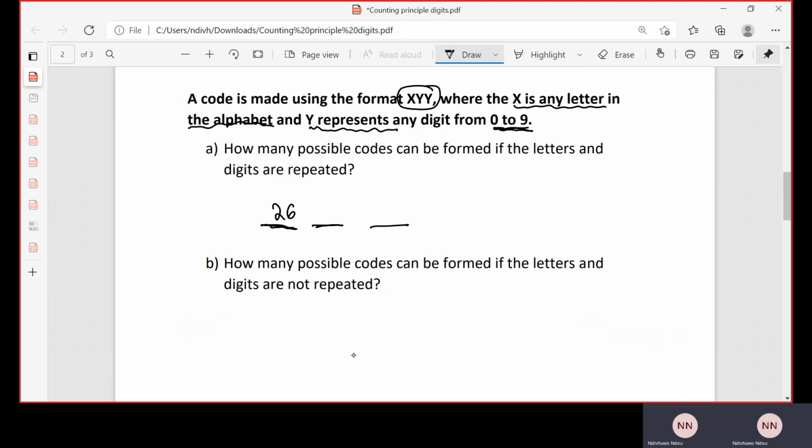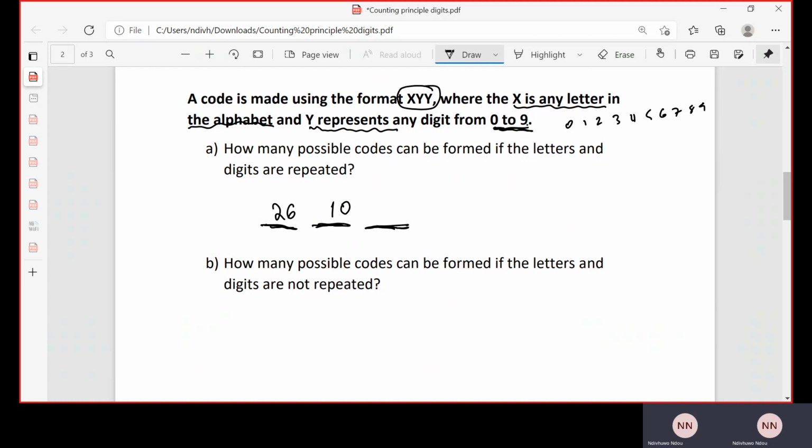The last 2 positions are represented by YY, right? And Y represents any digit from 0 to 9. It's 0, 1, 2, 3, 4, 5, 6, 7, 8, 9. In total, how many choices do we have? 10 digits to choose from. So it's 10.